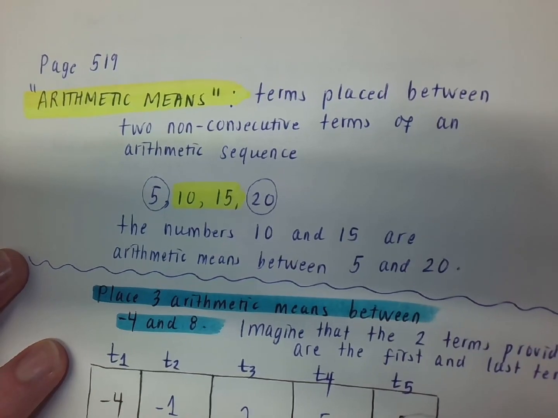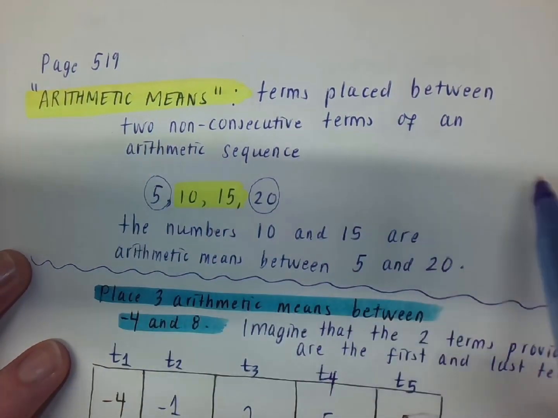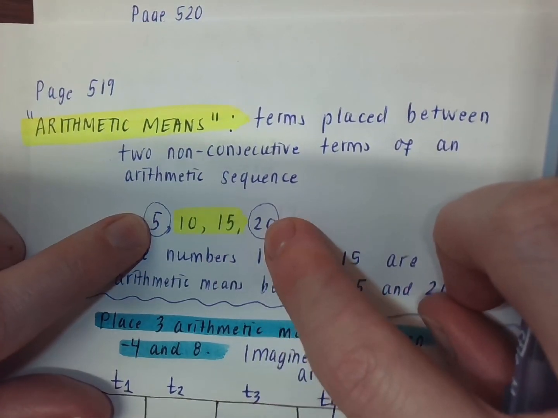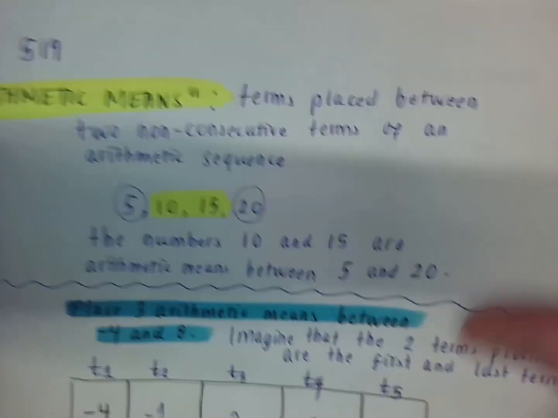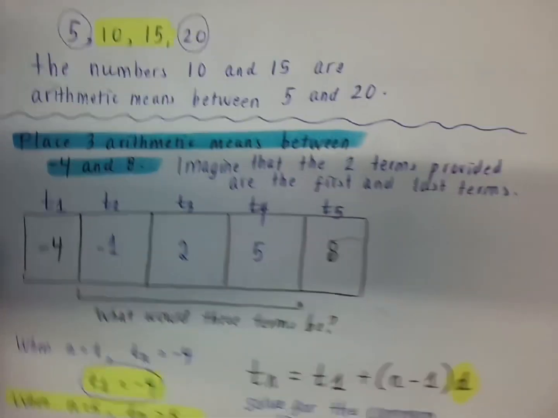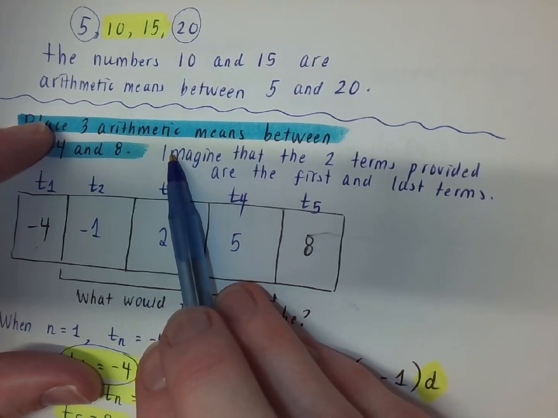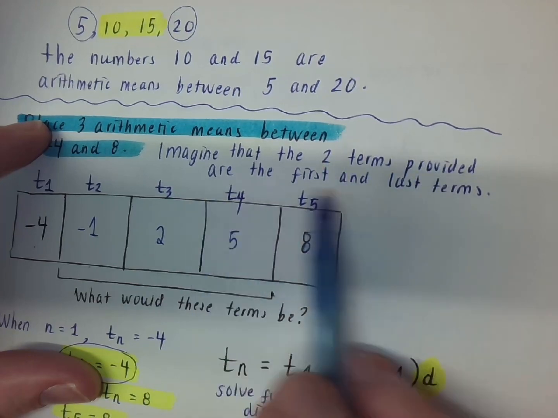So just flipping back to here, arithmetic means are the terms placed between two non-consecutive terms. If we have these two terms and they're not consecutive, the ones in the middle are the arithmetic means. And in the last example, we imagined that the two terms we're dealing with are the first and last terms.